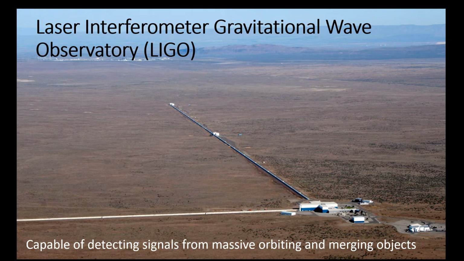So when we get into talking about the different gravitational wave detections, you'll see that most of them are binary black holes or binary neutron star mergers, because that's what our system is currently sensitive to. As we continue to upgrade these and other systems, we'll be able to detect fainter and fainter gravitational wave signals that come from some of the other objects that we had mentioned a few minutes ago.